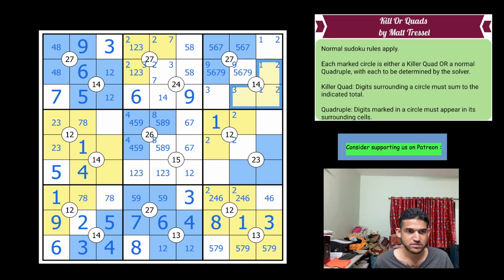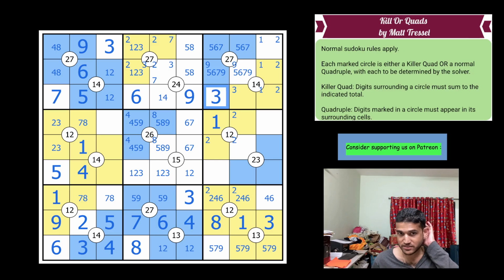Okay, that is still not helping me. So which means 5, 6, 7, 9, 1 and 4, this would be 3 and 8. 8 is ruled out. 5, 6, 7, 9, 1 and 2, so this will be 3, 4, 8. Right, but this is a quadruple, so 4 goes here, and 8 is also ruled out.